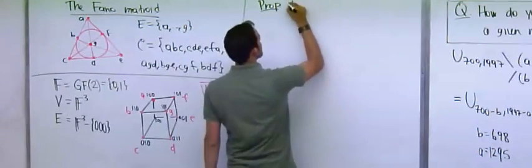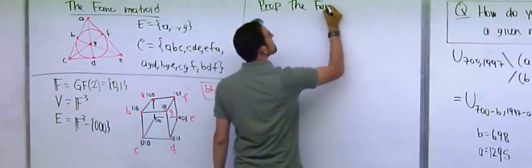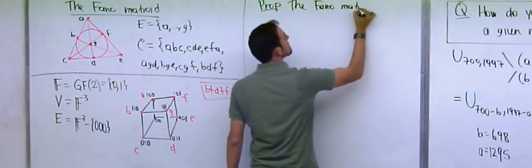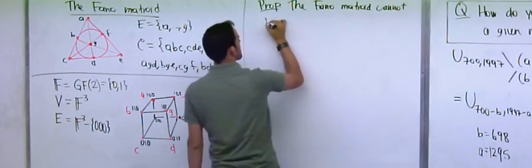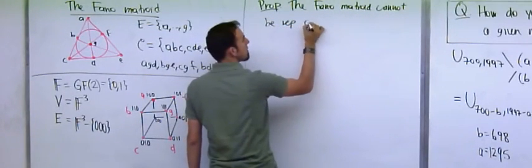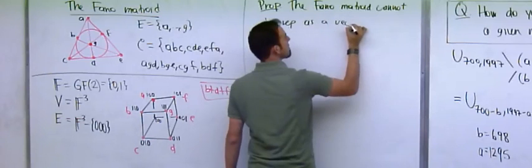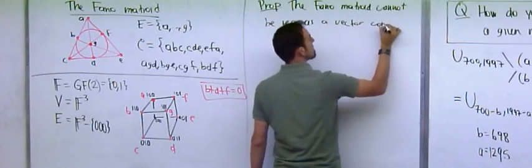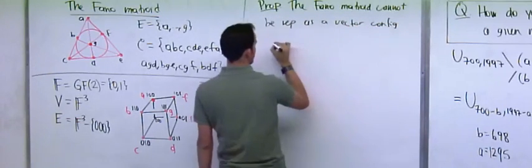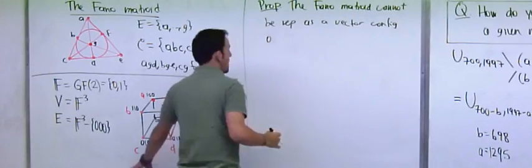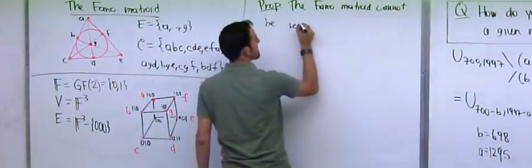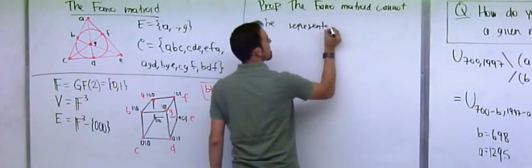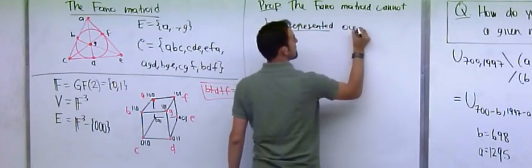So the Fano matroid can now be represented as a vector configuration over, let me say the way that people say this, represented over R.